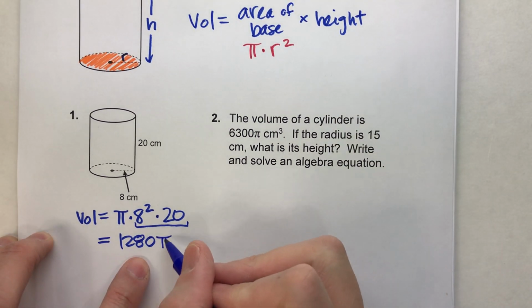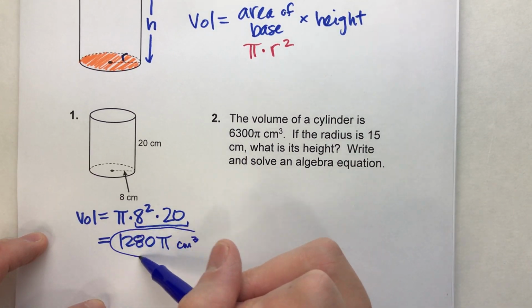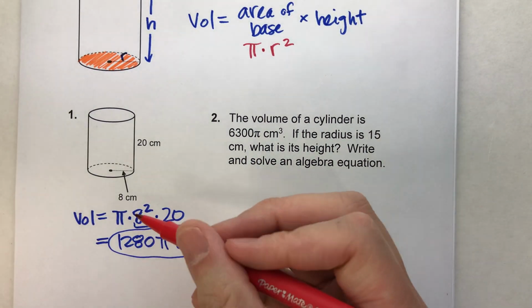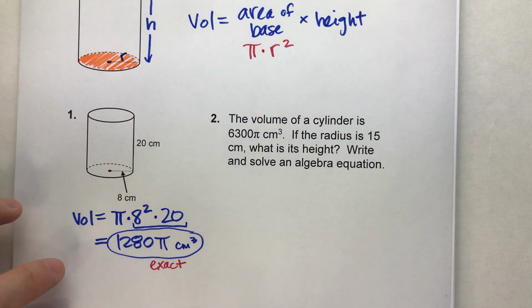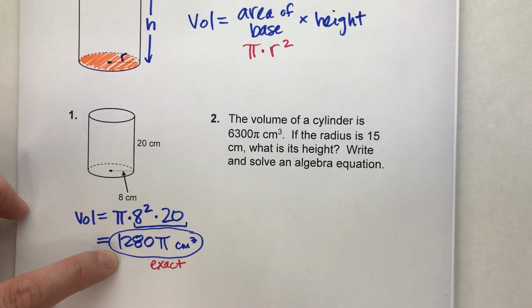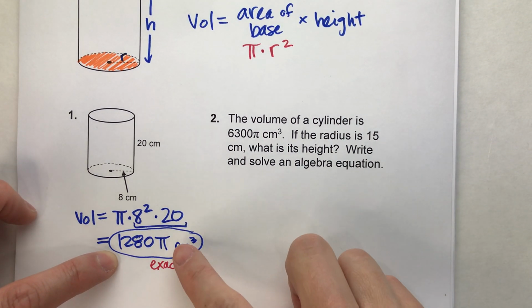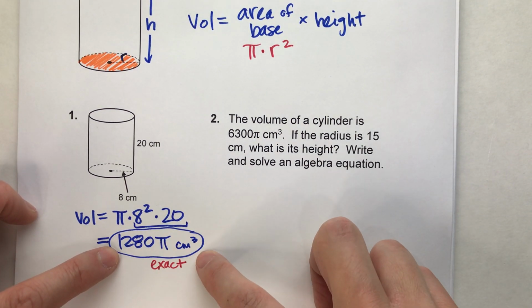So this is 1280 pi centimeters cubed. And that's what we call our exact answer in terms of pi, meaning whatever 1280 times pi is will give me the exact volume. All right, I didn't have to round it. I didn't have to deal with any decimals. It just comes out to exactly whatever that equals.